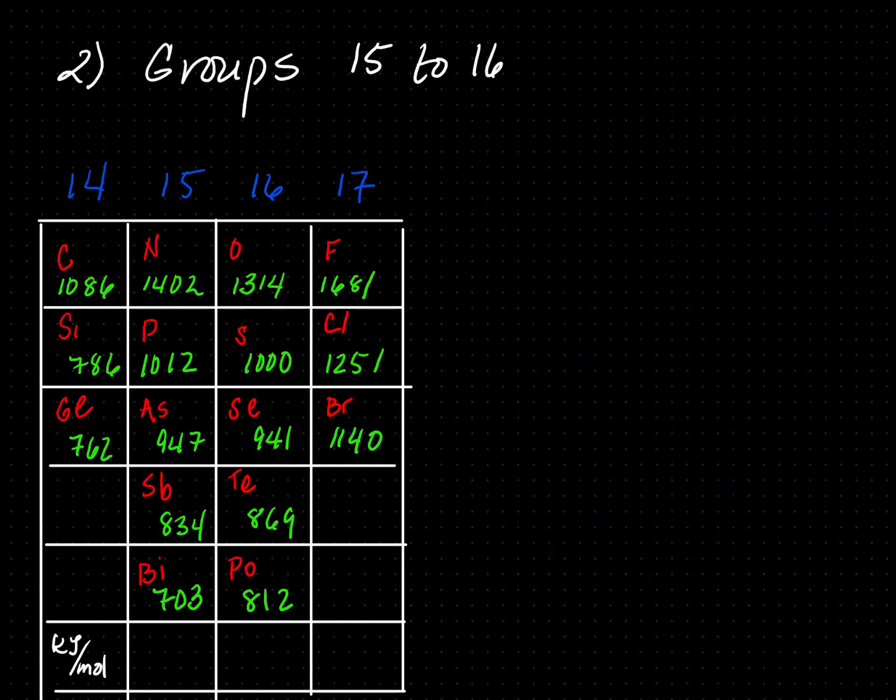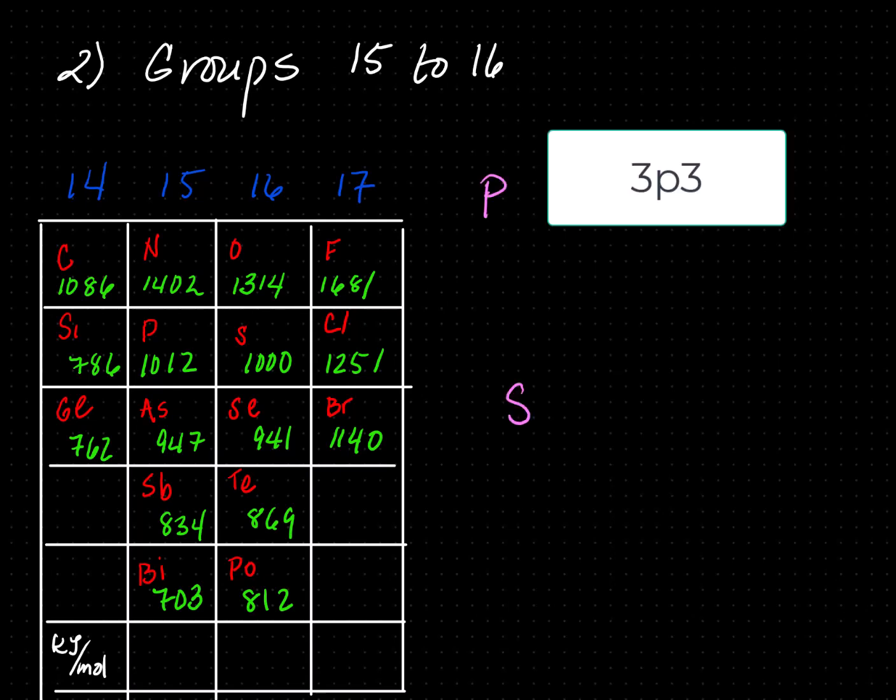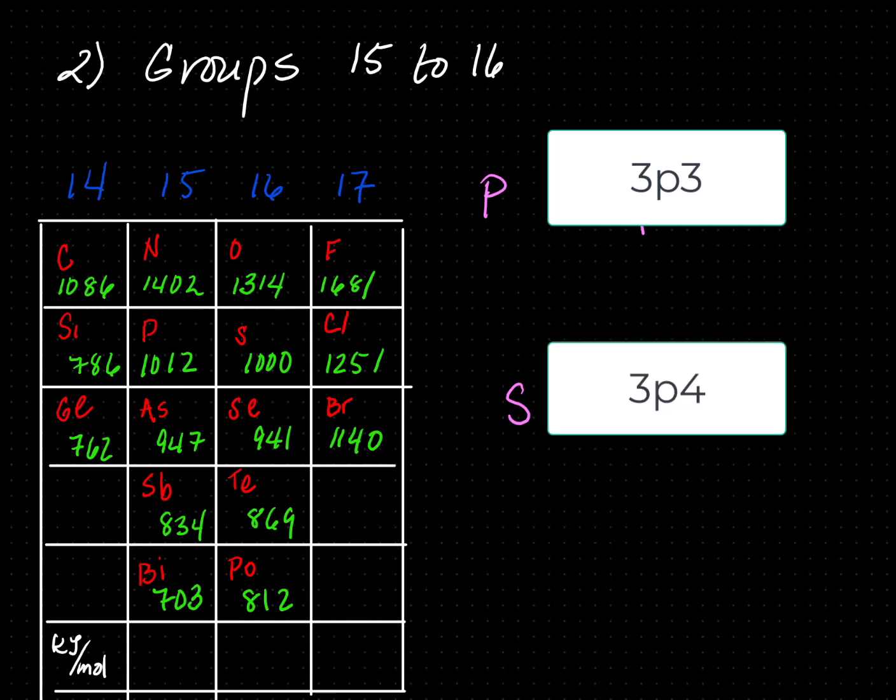So we could say the same thing for phosphorus and sulfur. Phosphorus is 3p3, which is the last energy level, and sulfur is 3p4. They have 3 orbitals. Hund's rule says 1 electron per orbital before pairing.